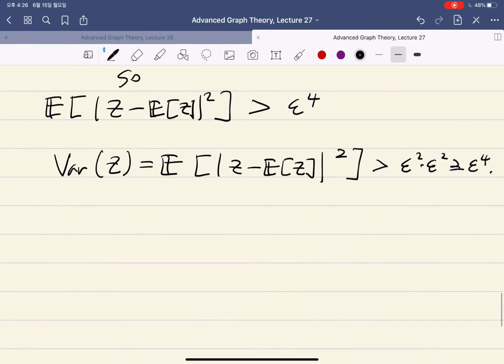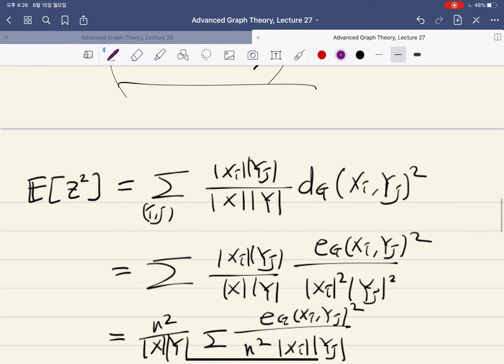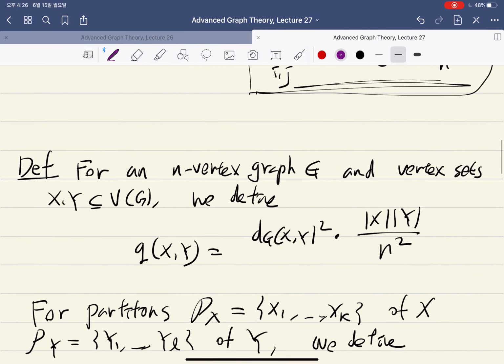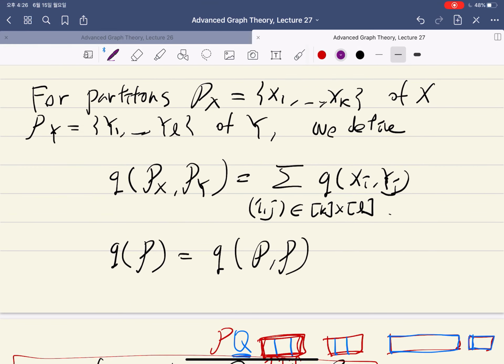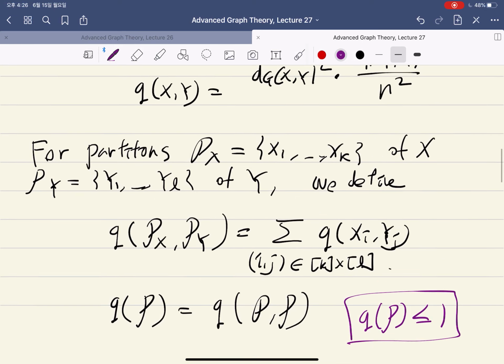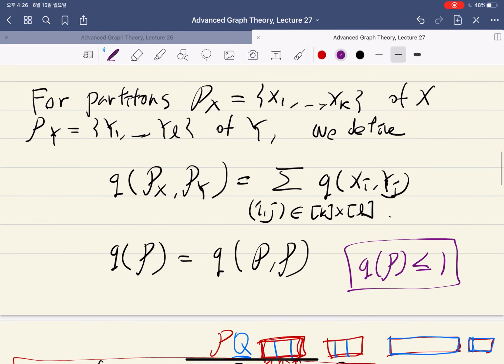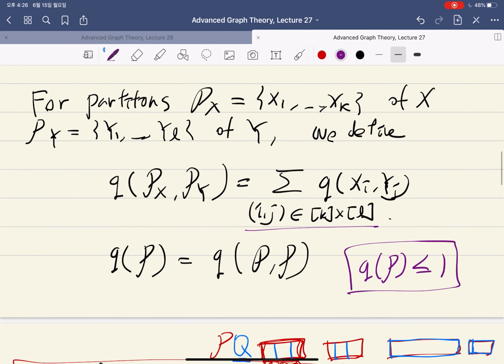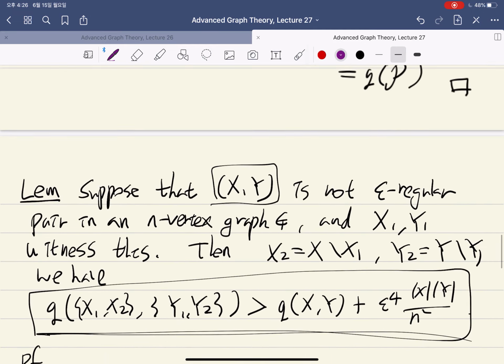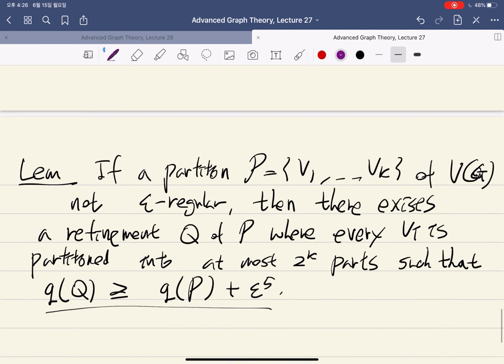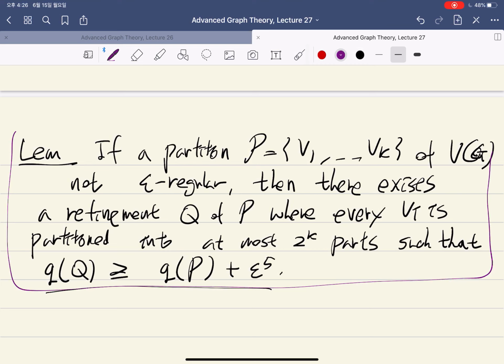But one thing I forgot to mention is that by the definition of our energy, it's quite clear that this is never above 1. Because this is at most 1, and once you sum up, that's also at most 1. So if we prove this lemma, then we can start from a partition which is not epsilon regular, take a refinement, and energy goes up by a certain amount, and we keep doing that.